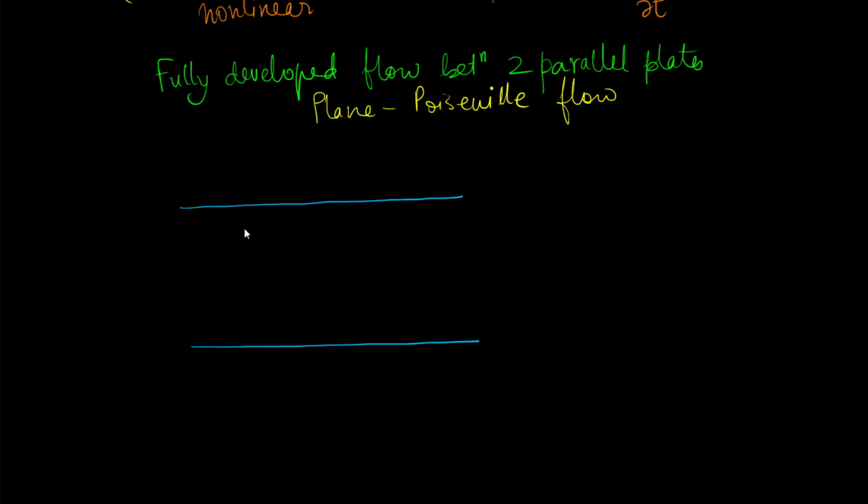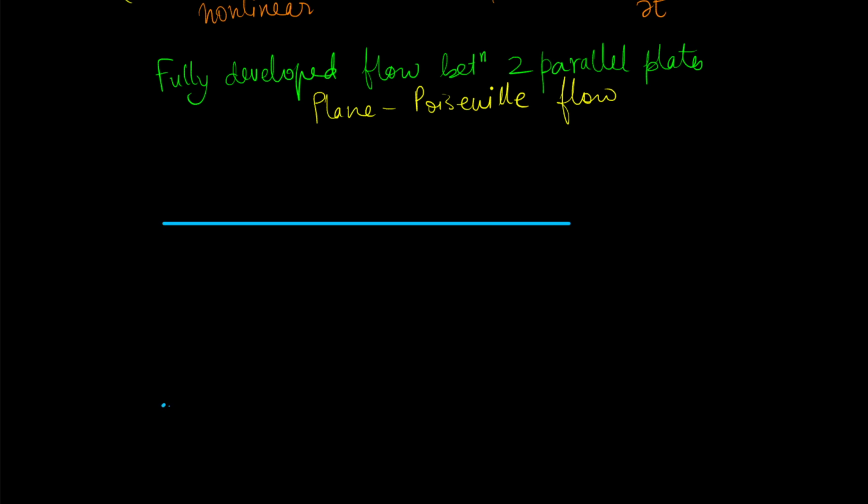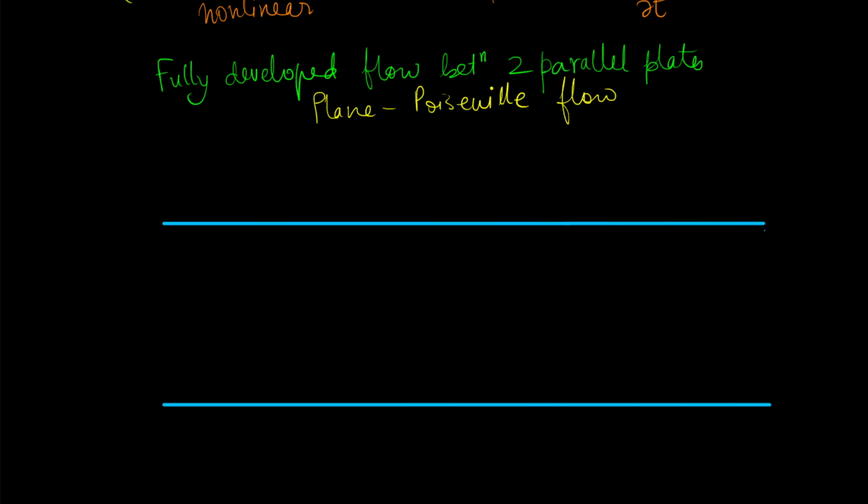So this is in fact, let me draw. So we have an incipient flow in this direction. This is the x direction, this is the y direction, and z is this.